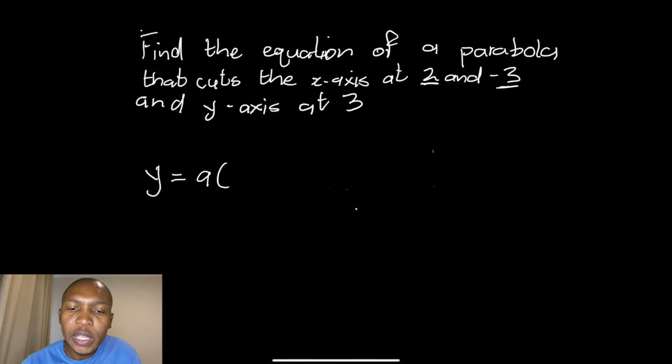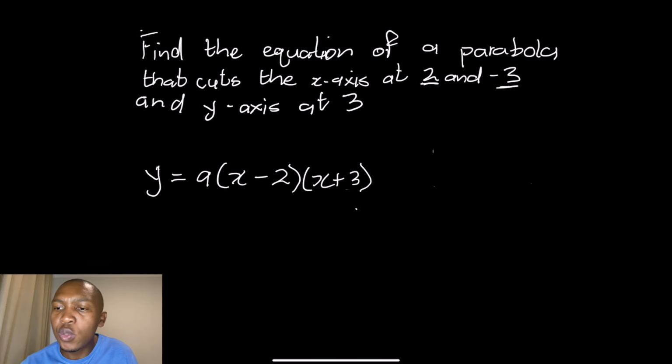Now note, I'm going to open up my brackets. I know that one of the solutions is x minus 2. Look at that. I'm changing the sign when I put it inside the bracket. And the other one is x plus 3. So those are actually my x-intercepts. Right, and remember that this is where y is equal to 0.